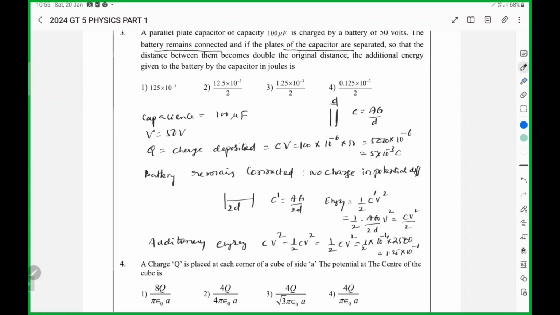V square is 2500. 2.5 into 10 cube, 1.25 into 10 power minus 1, or 125 into 10 power minus 3.